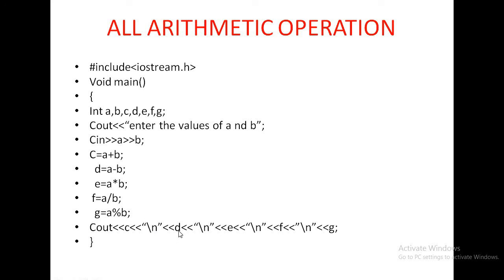Then the output of D is printed, the cursor moves to the next line. E output is printed, the cursor moves to the next line. F output is printed, the cursor moves to the next line. So this is nothing but my arithmetic operations.